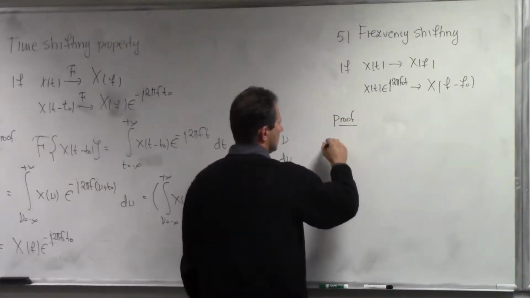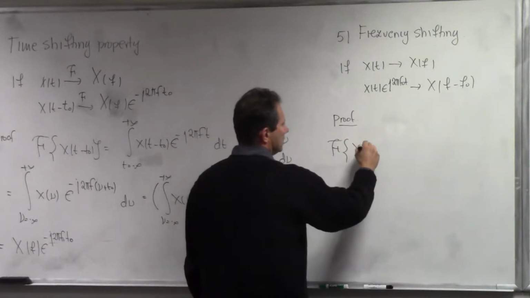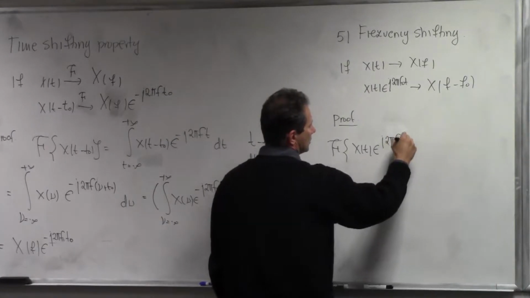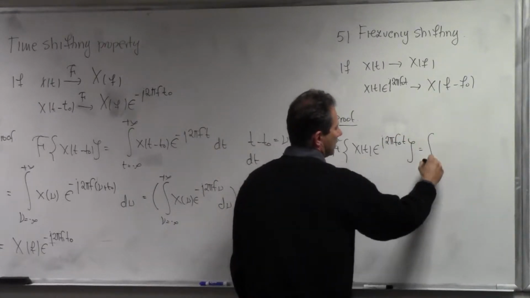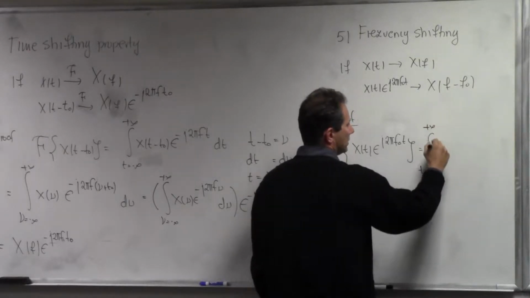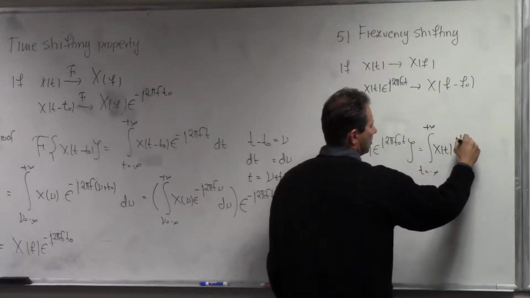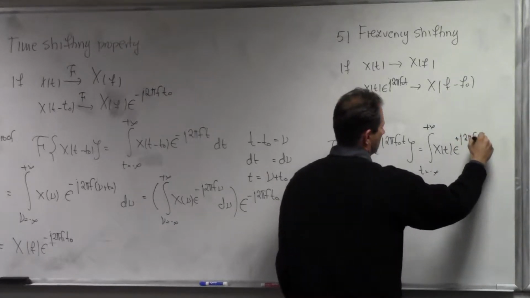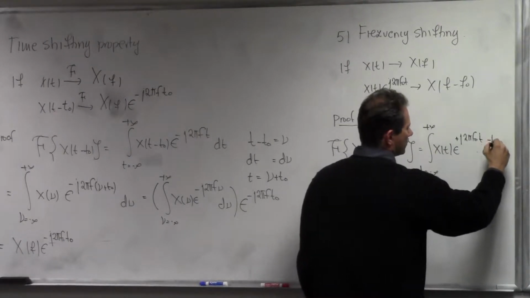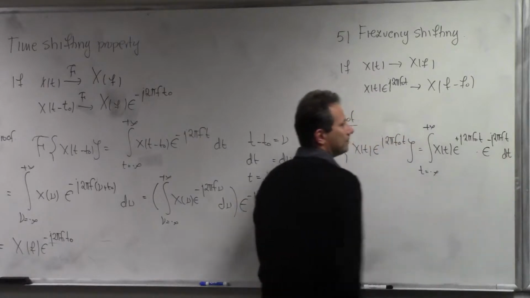This one can also be demonstrated very easily. The Fourier transform of x of t e to the j 2 pi f0 t is equal to the integral when t goes from minus infinity to plus infinity of x of t e to the j 2 pi f0 t, and then times the kernel of the Fourier transform, e to the minus j 2 pi f t dt.